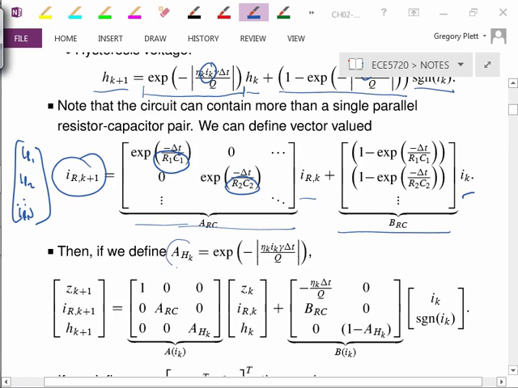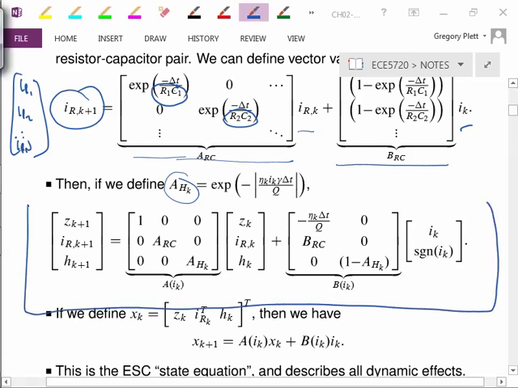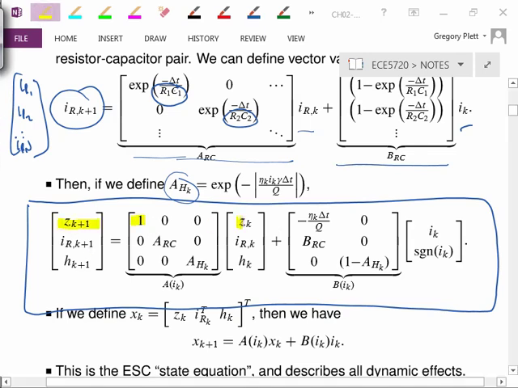If I define A sub H,k to be the time-varying hysteresis factor, then I can put all of these equations into a matrix vector form, and we get the overall state equation of the model to look like this, where the new state of charge is 1 times old state of charge minus this Coulomb counting factor times current.